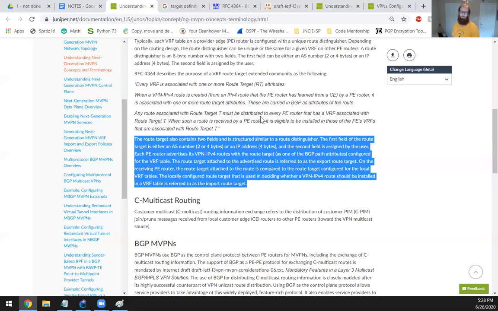Configured for the VRF table, the route target attached to the advertised route is referred to as the export route target. On the receiving PE router, the route target attached to the route is compared to the route target configured for the local VRF tables. The locally configured route target that is used in deciding whether a VRF-IPv4 route should be installed in a VRF table is referred to as the import route target.